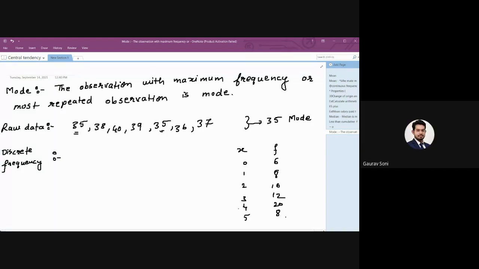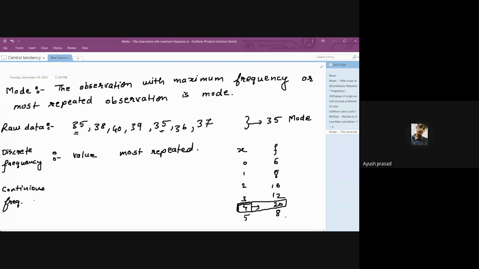So you look at the value of X. Remember this very important point: our mean, median, and mode all are values of X. The most repeated value is 4, and that's why our mode is 4. The problem is about the continuous frequency distribution.